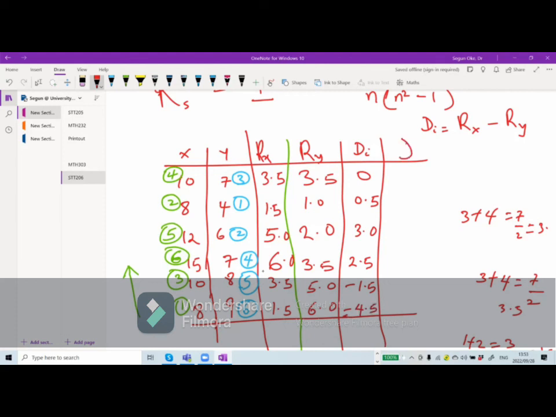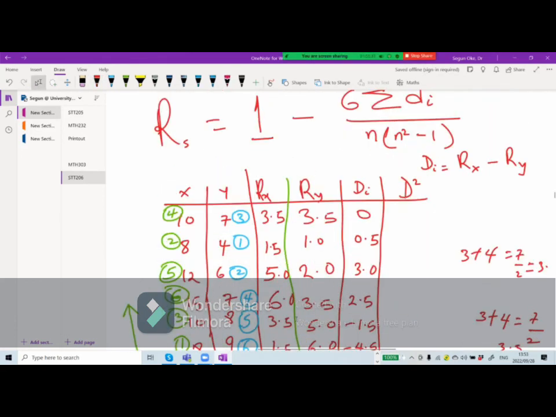So let's find the D squared. Remember, in our formula, we need D squared.